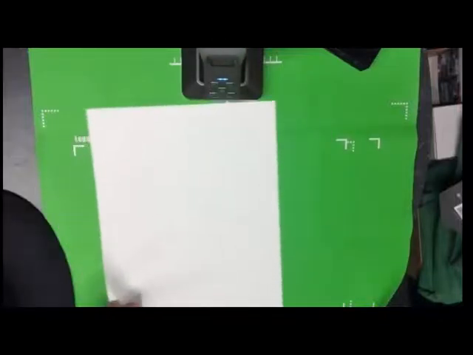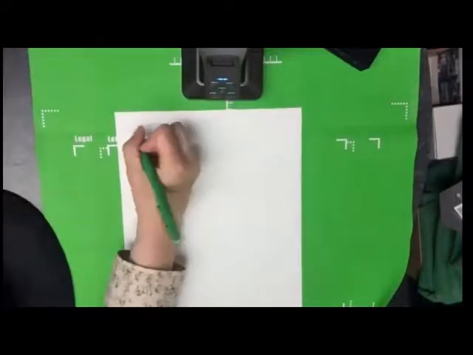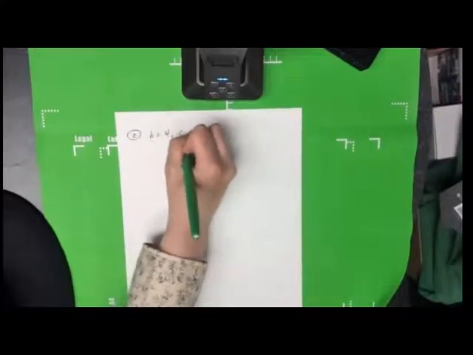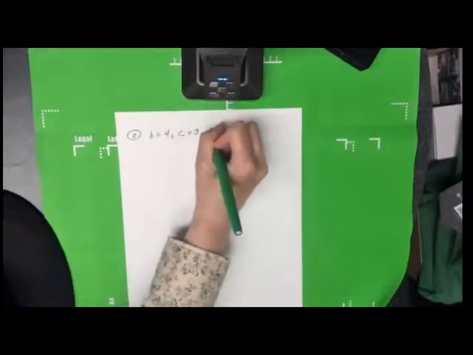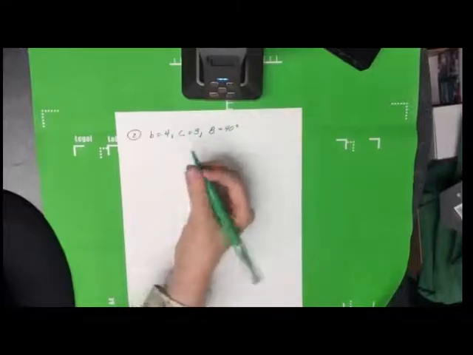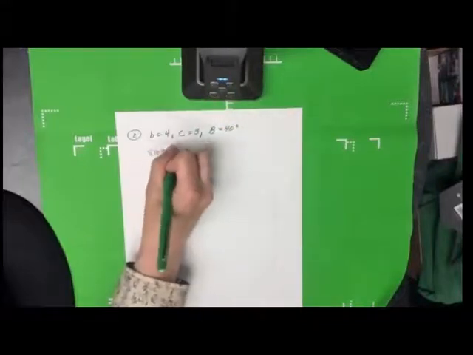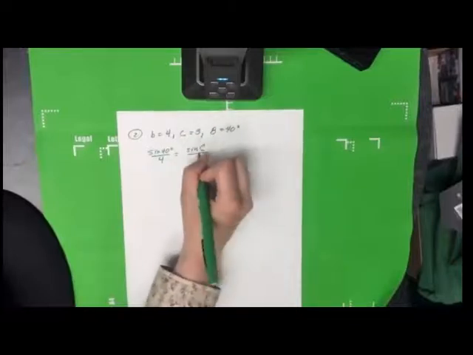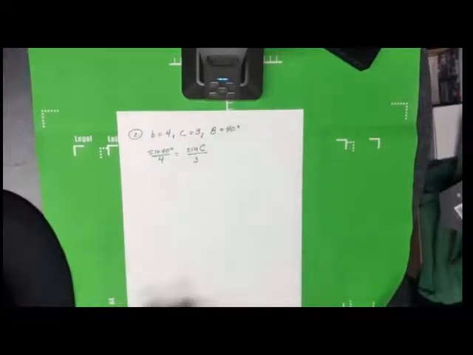Now, let's say you're given b is 4, c is 3, and beta, or B, is 40 degrees. So we have sine of 40 degrees is to 4 as sine of C, or gamma, is to 3. Cross multiply.